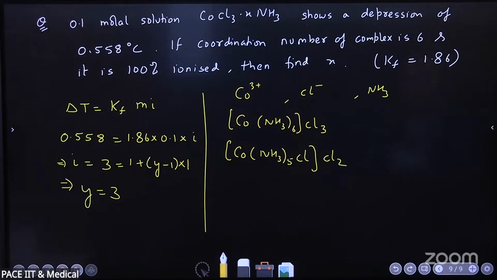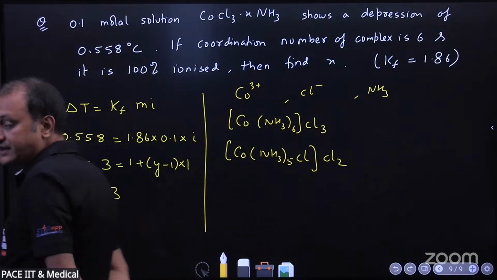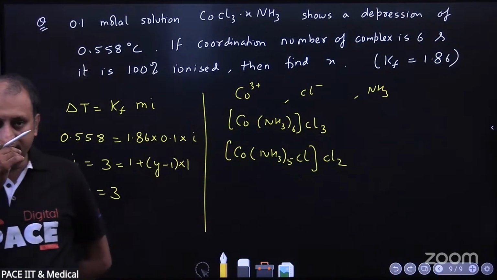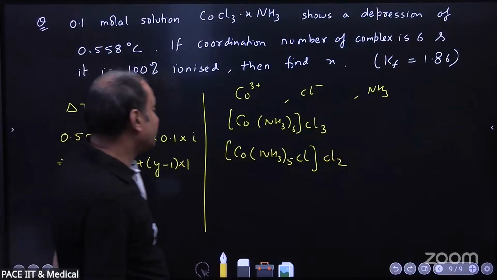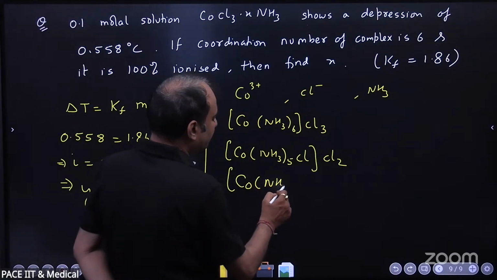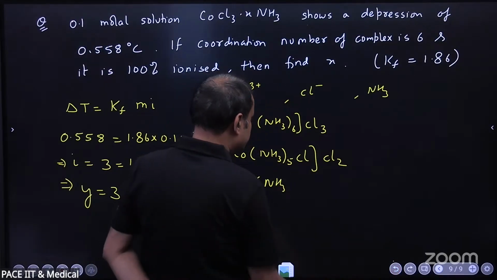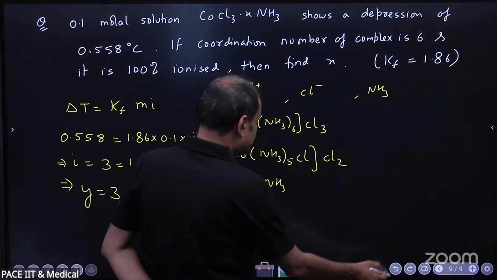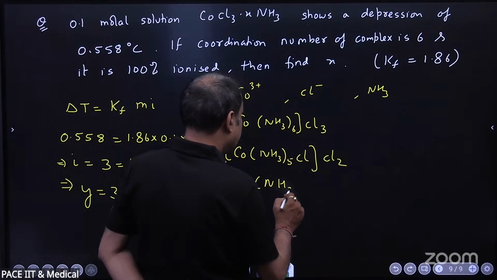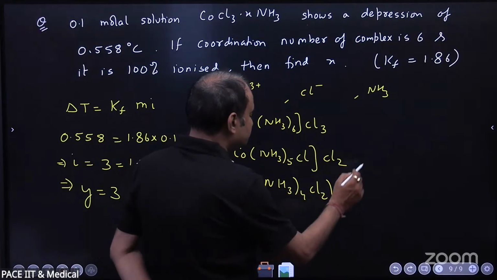Similarly, the next situation can be that out of 3 chlorines, 2 chlorines are making coordinate and only 1 is making ionic. So then the formula would become Co(NH3)4Cl2 Cl.